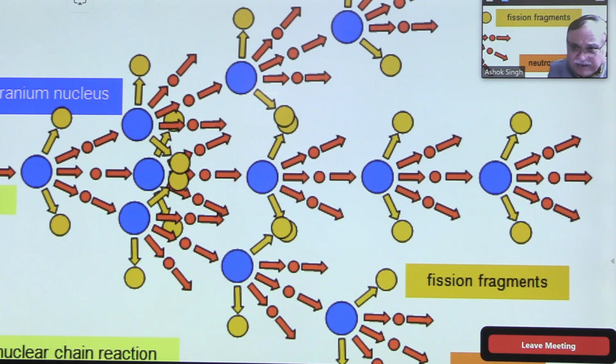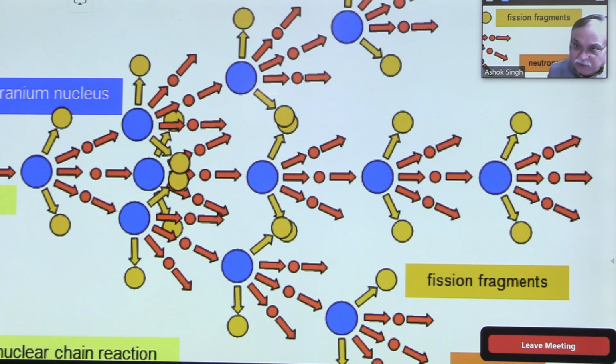Now you might wonder why slow neutrons. Normally fast things should be more capable of splitting anything. Now here it should be clear to you if you understand a bit of the science here, because the splitting here is not taking place through impact but through absorption. The slow neutron will get absorbed into the uranium nucleus. If it is slow, then there are greater chances of it being captured by the uranium nucleus. That's why you have to slow it down.